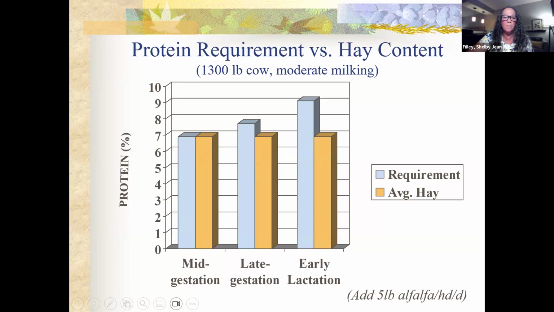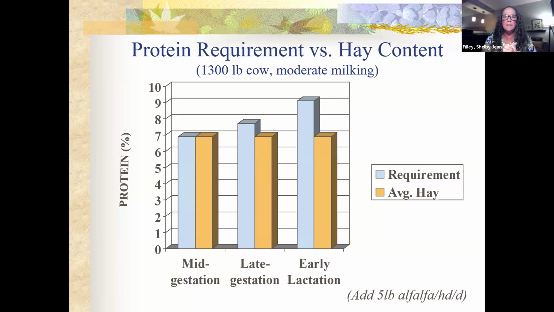The hay and the requirement fit pretty well together for the mid-gestation cow. But for a late gestation cow, where her energy requirements start increasing due to pregnancy, we have a little bit higher requirement in protein than the average hay. And certainly when we get into early lactation, that low quality protein hay is not going to be sufficient for her.